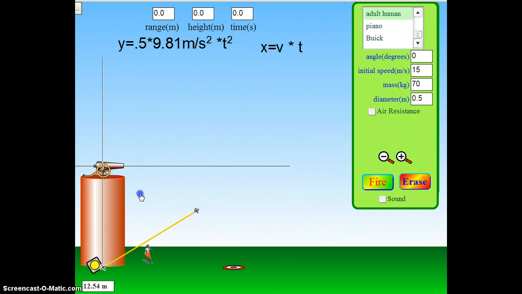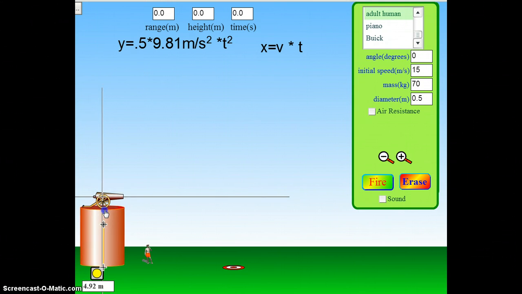So let's set up the cannon at 4.9. Good enough, 4.905.